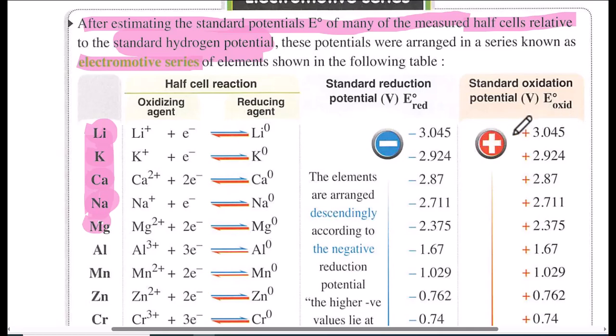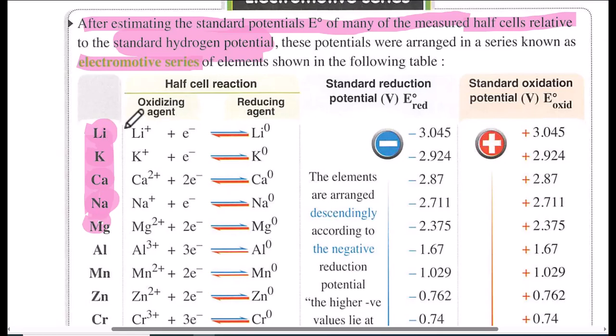So it is the ability to release electrons, the ability to lose electrons to another element, so it reduces another element. As the oxidation potential increases, the ability to reduce other elements increases. Lithium has the highest oxidation potential, so its ability to give electrons to another element is very strong. So it is a powerful reducing agent.